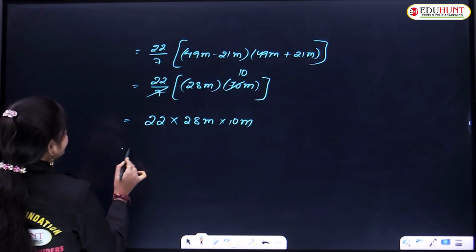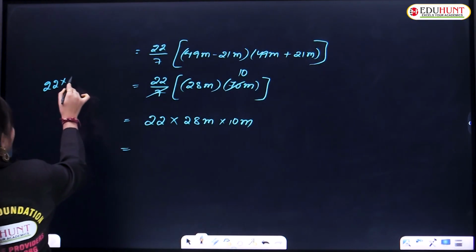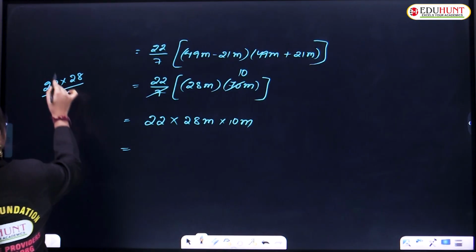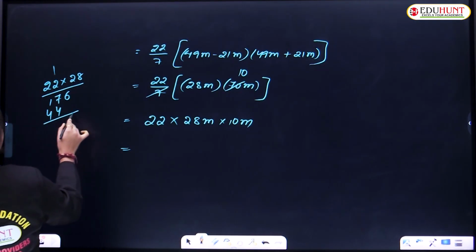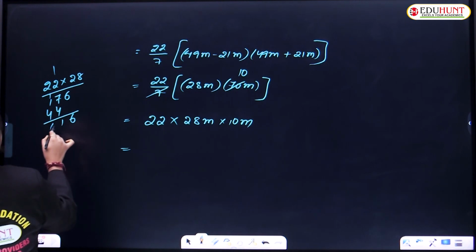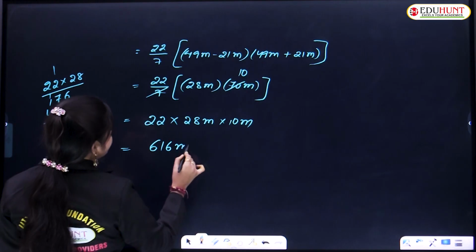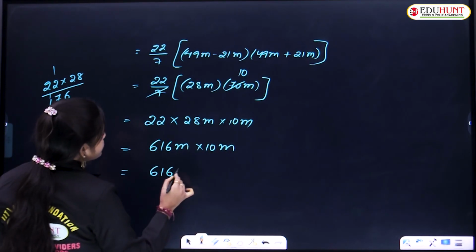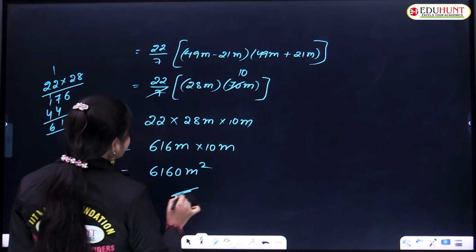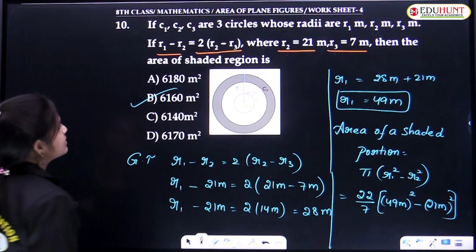Now 22 into 28, how much will you get here? 616. 616 meters into 10 meters, which is equal to 6160 meters square. Option there ma, 6160, yes, 6160 meters square.